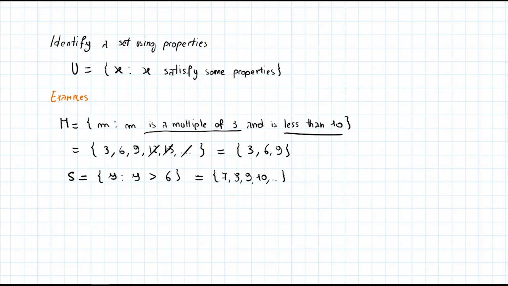The letters x, m, y are just dummy variables, meaning that we can use whatever letters we want. In fact, here S can also be written as the set L such that L is greater than 6, or the set P such that P is greater than 6, and so on.